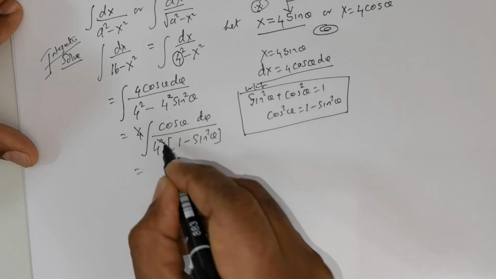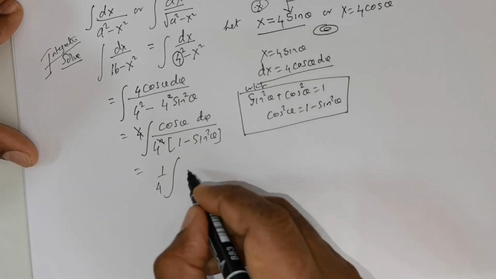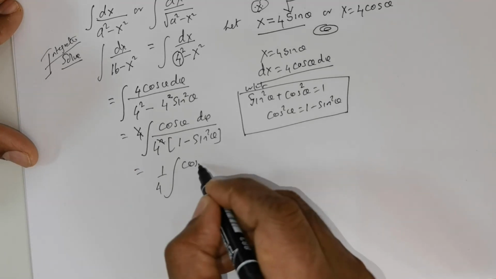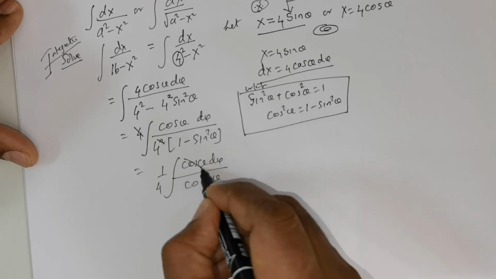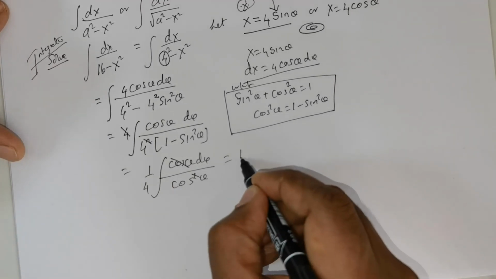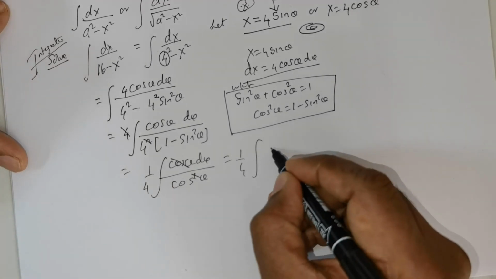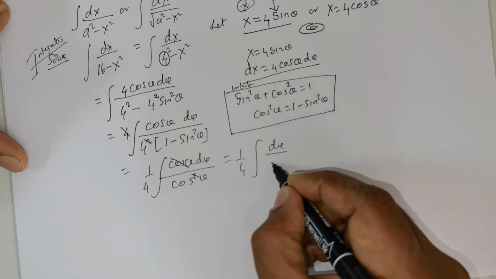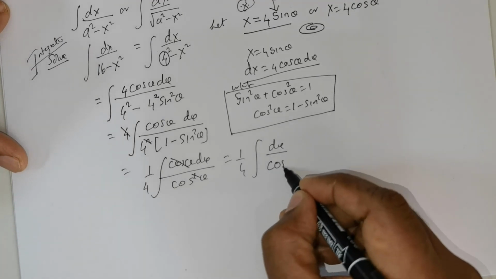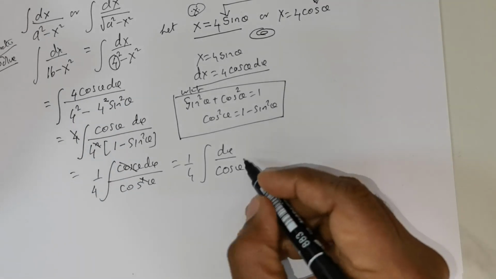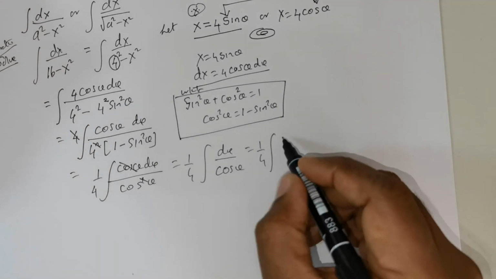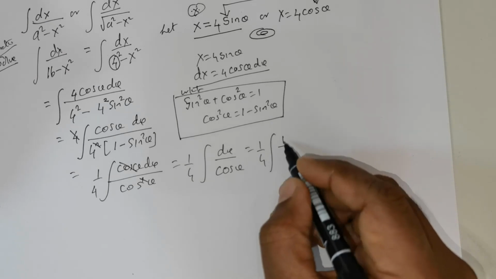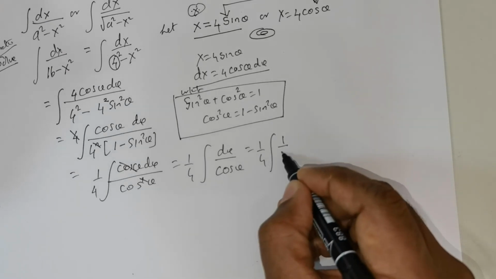I can cancel 4 out, so it's going to be 1 over 4 times integral cos theta d theta divided by cos squared theta. I can cancel cos out, so it's going to be 1 over 4 integral of d theta divided by cos theta.